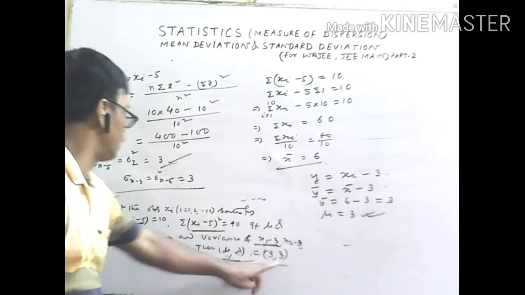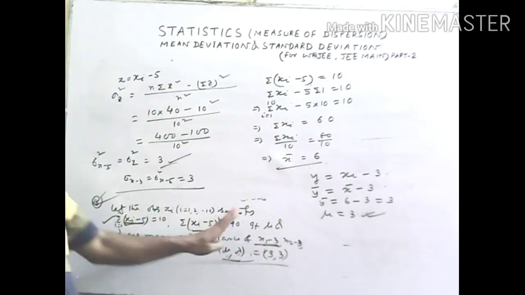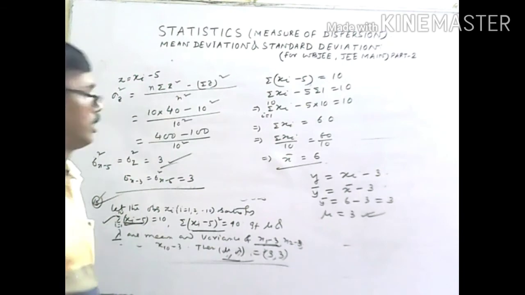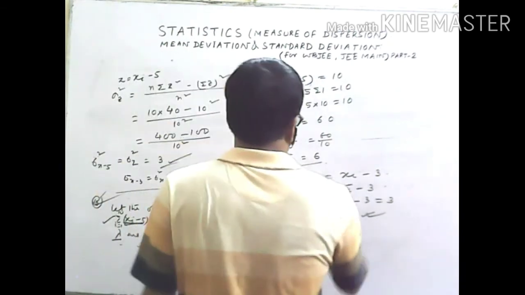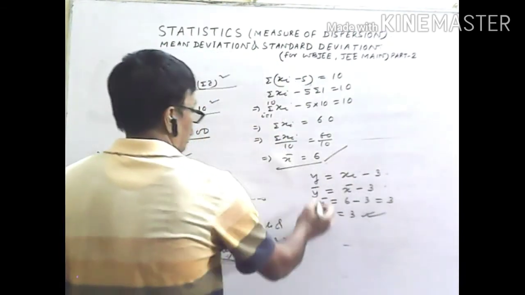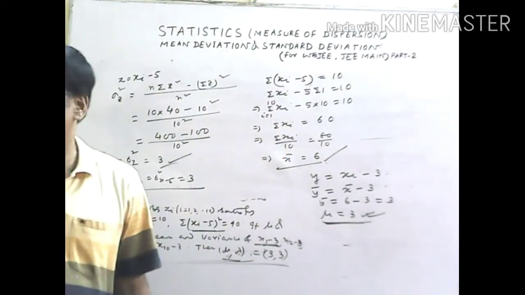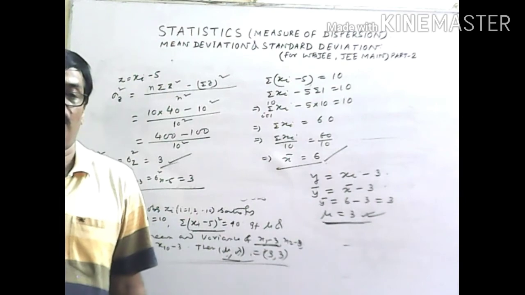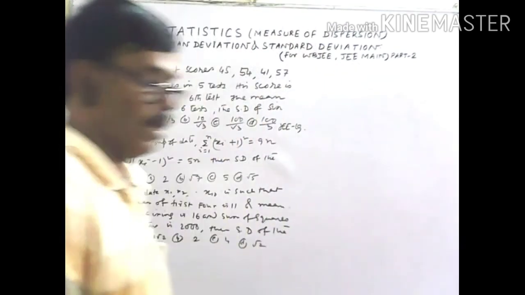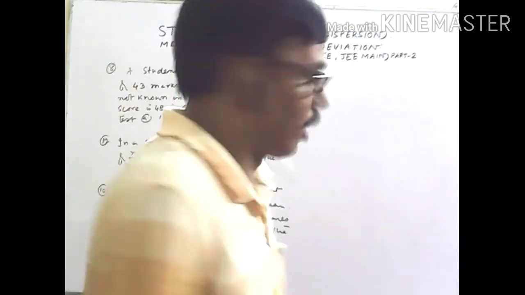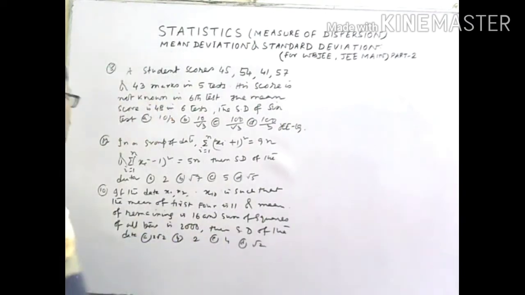So that is 3. But look, mean depends on change of origin. That is why we first find x bar, then with respect to y bar, this is 3.